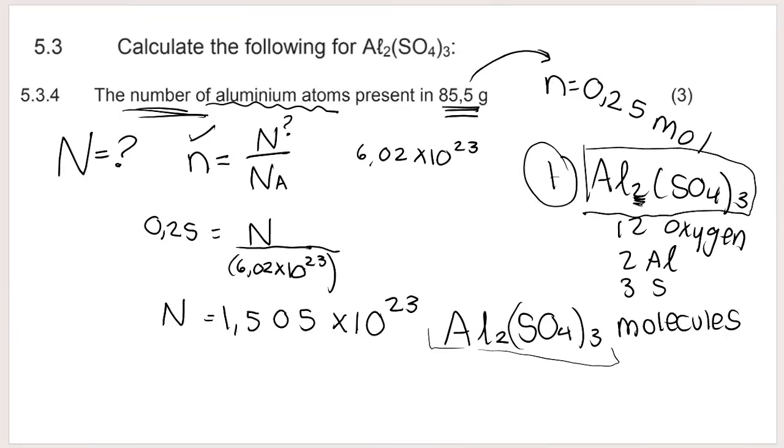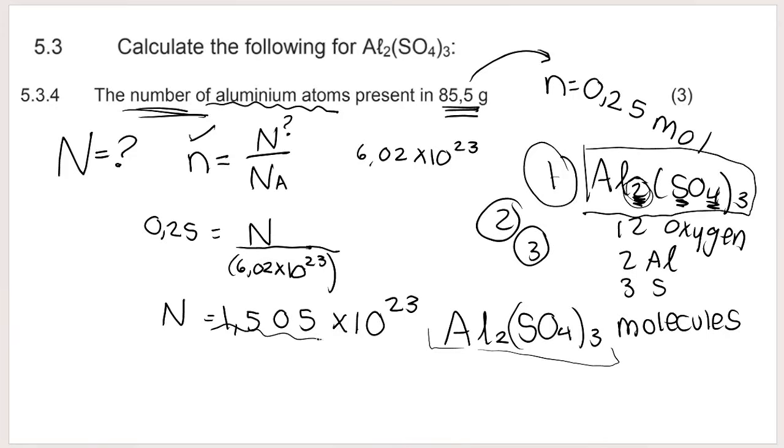Because you see 2 aluminiums, 3 sulfurs, and 12 oxygens. If I had 2 molecules of aluminium sulfate, how many aluminiums would I have? I wouldn't have 2 anymore. I would have 4. If I had 3 of these molecules, I would have 6.